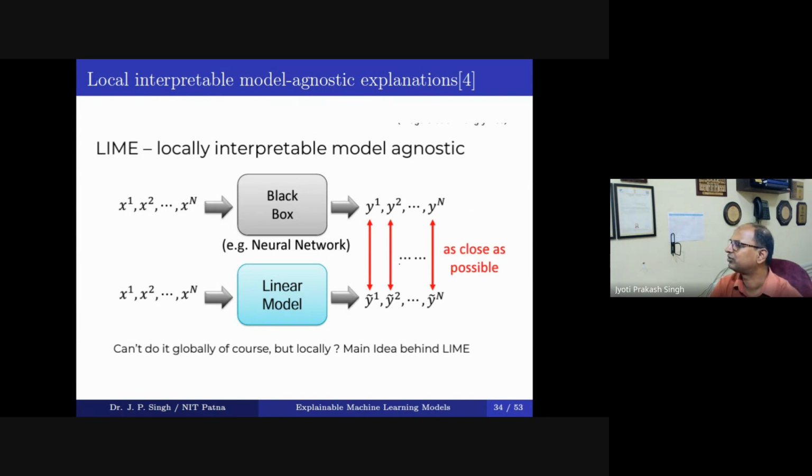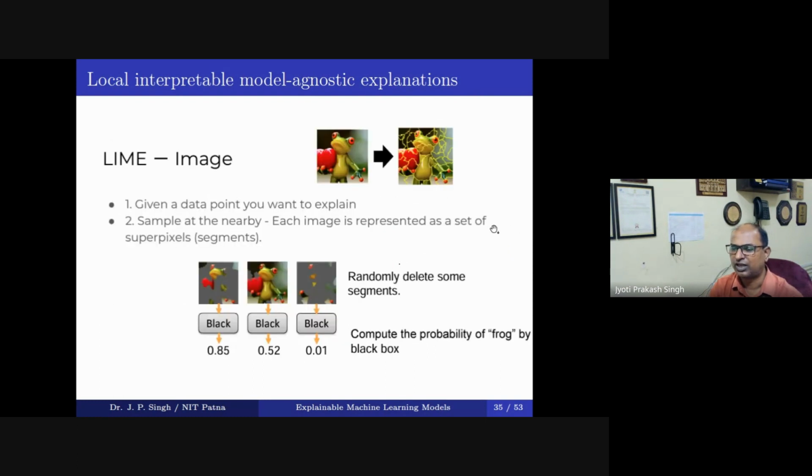Say consider an example of an image, how LIME works, or how I just told. I will create some data set by replacing 1 with 0.9. How exactly is it done in practice? Say you have an image of a frog.